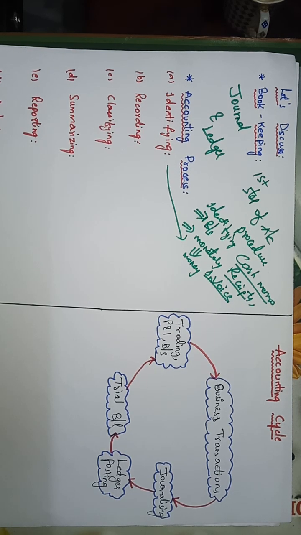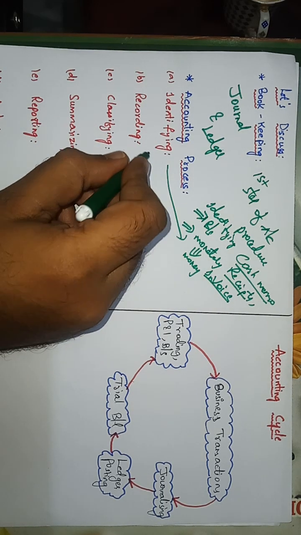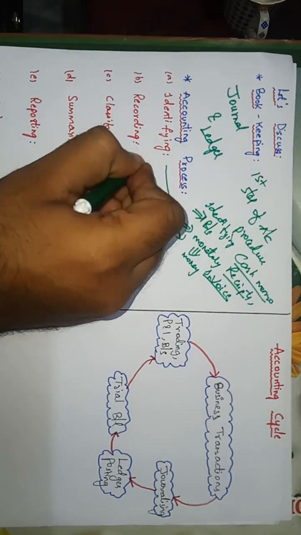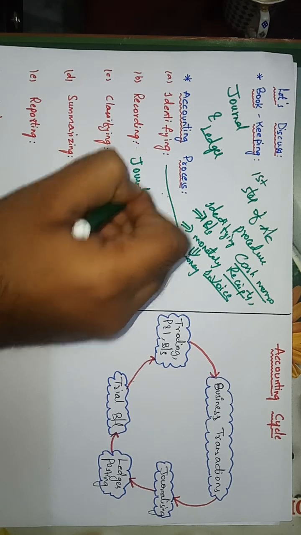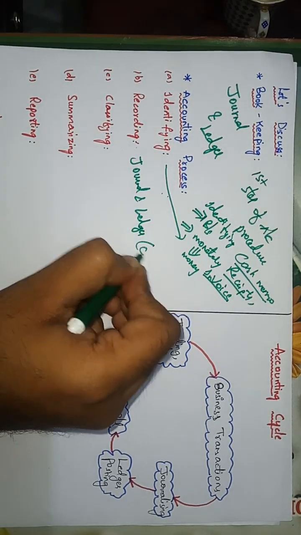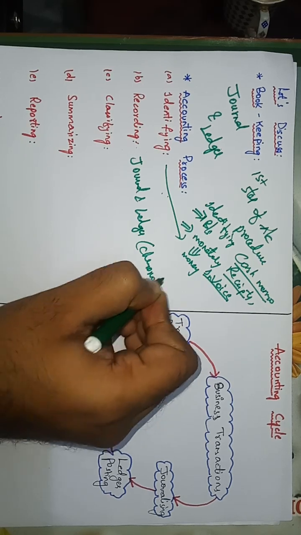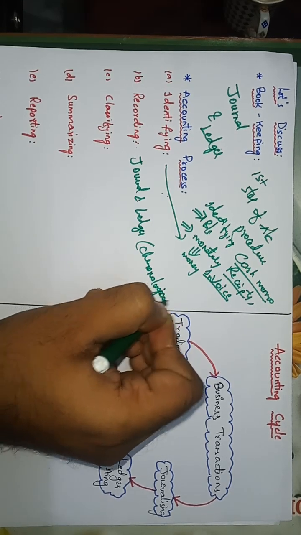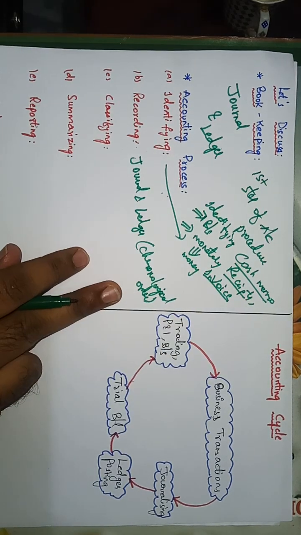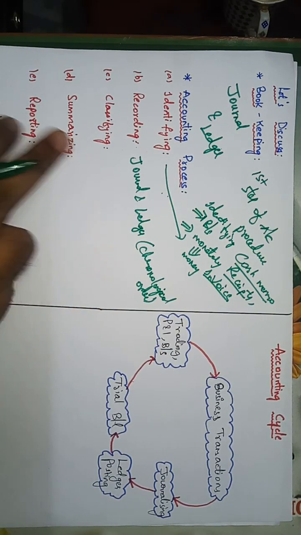If they are measured in terms of money, then only they are going to be recorded. Then the next step is to record transactions in journal and ledger in chronological order.